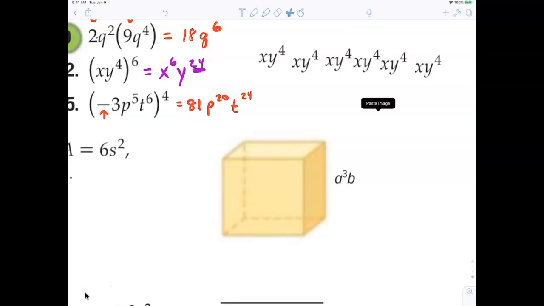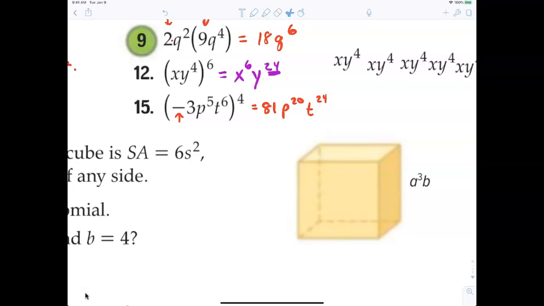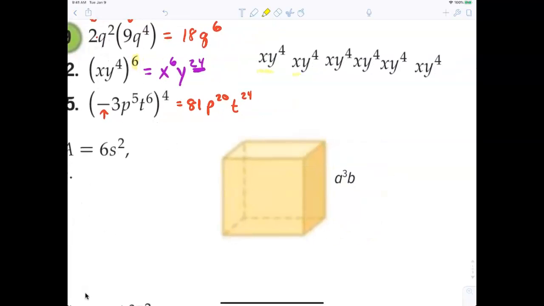That's what that means. Did that make any sense what I just did? Because it's x, y to the 4th. How many times? 6. So look right here: 1, 2, 3, 4, 5, 6.